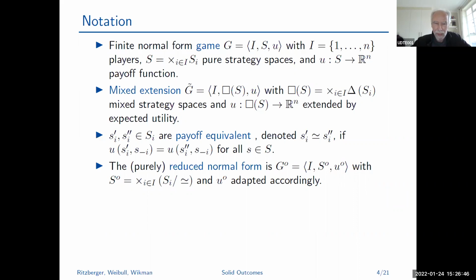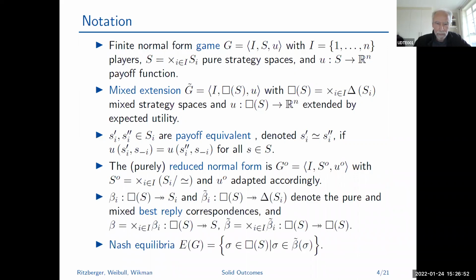That gives you what we call the purely reduced normal form. The best reply correspondences will always be denoted by beta. So beta_i is player i's pure best reply correspondence. When the tilde decorates the beta, then it's the mixed best reply correspondence. And when I drop the subscript, what I mean is the product correspondences, either pure or mixed.